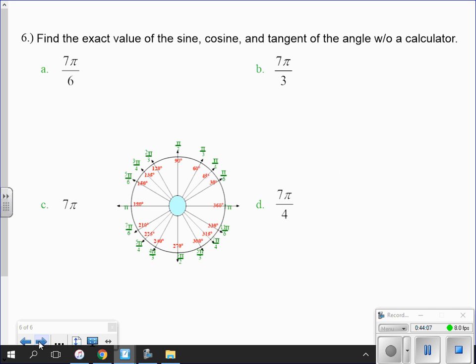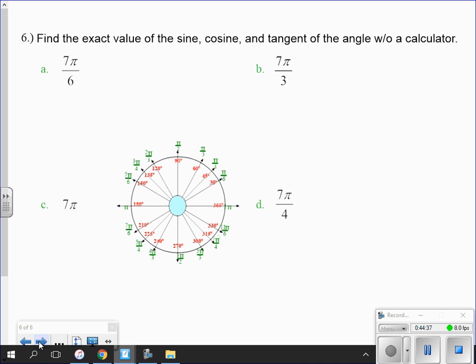Okay, last one. Using your unit circle, find the exact values of sine, cosine, and tangent of the angle without a calculator. Some of these are right on your unit circle.